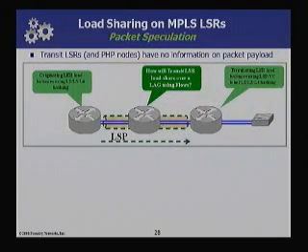Now if you're looking at MPLS LSRs, transit LSRs have no information on packet payload. They did not create the pseudo wire. They did not create the IP VPN. In fact, they have no knowledge of what kind of traffic is traversing over that. If they try to load balance just based on LSP label and VC label, it's the same problem: high usage pseudo wires or VPNs will overutilize one link.